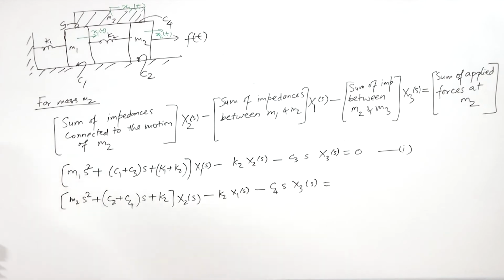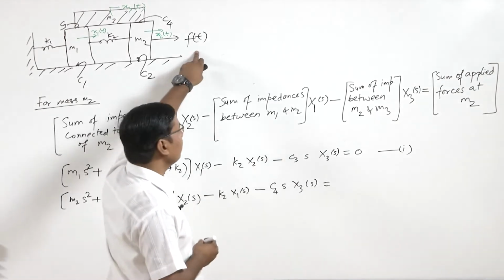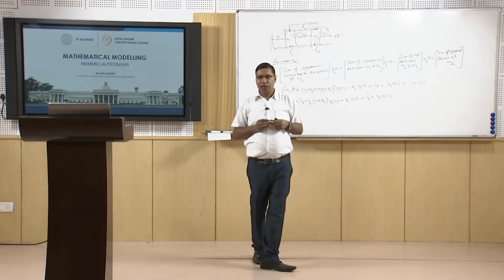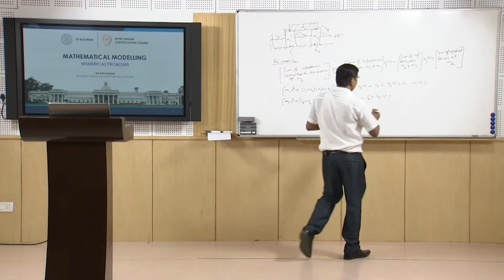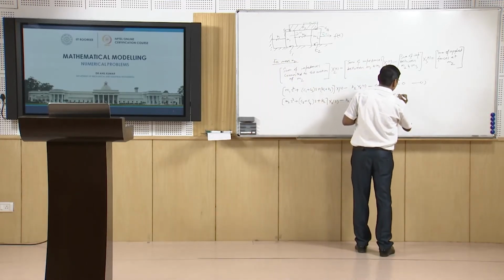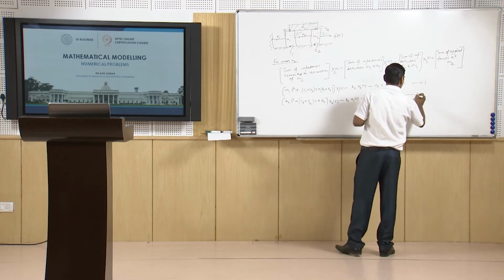Here M2 is subjected to a force F(t), and we take the Laplace transform of F(t), so we write F(s). This is equation number 2.